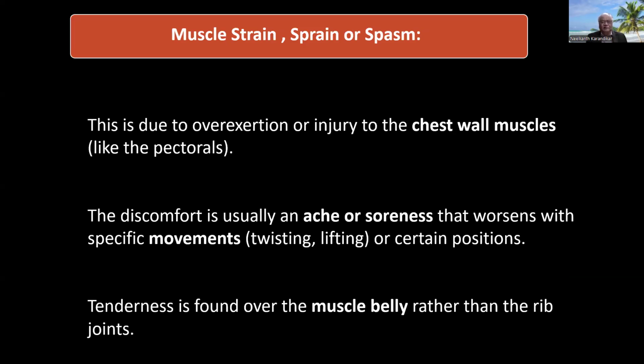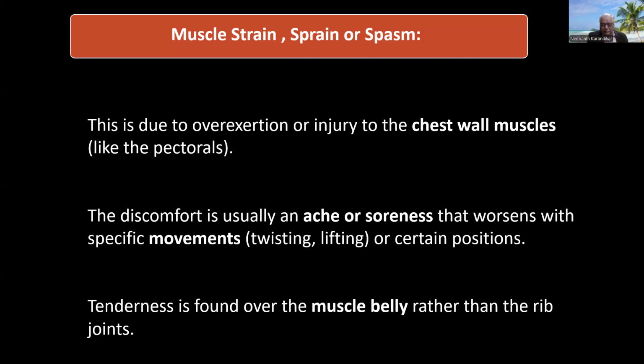This discomfort is usually an ache or soreness that worsens with specific movements or certain positions. So if I had chest pain in this part of my chest, and if I raise my left arm, the pain is going to get aggravated. Or if I turn like this, again the pain will get aggravated. So if movement aggravates the pain, it is likely to be muscular pain.